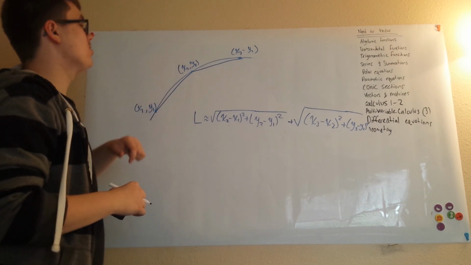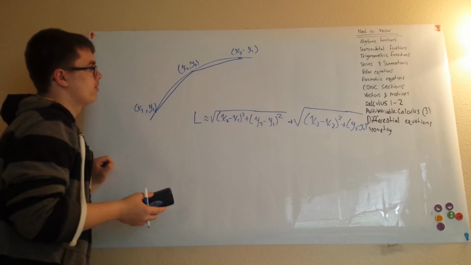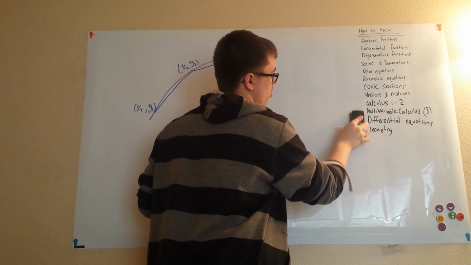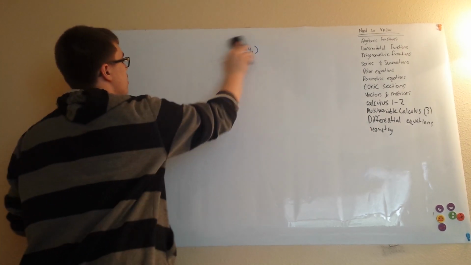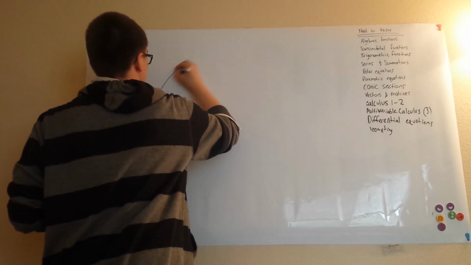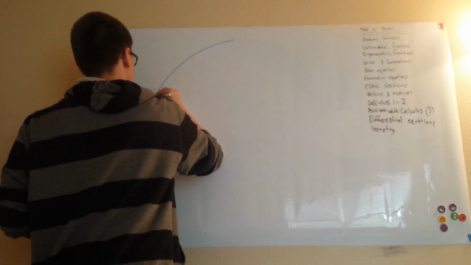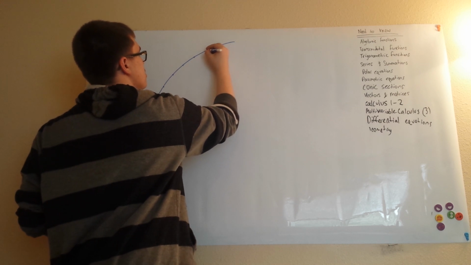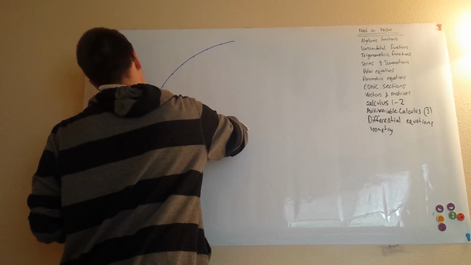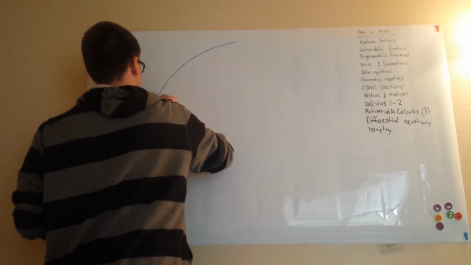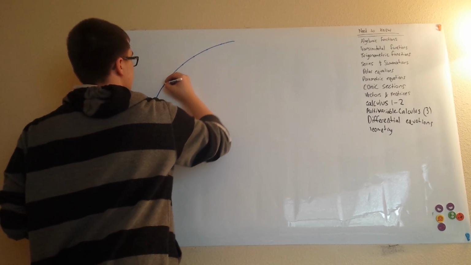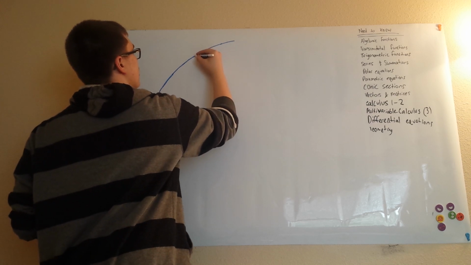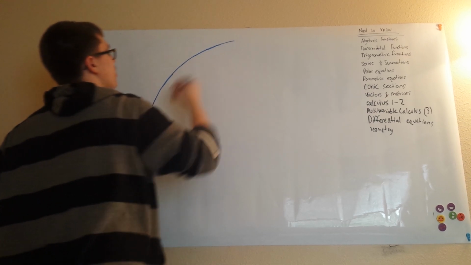And this is a more accurate representation of the length of the curve. More accurate. Now we can get even more accurate. So if I did this, and I would make a bunch of points, from here to there, from here to there, from here to there.